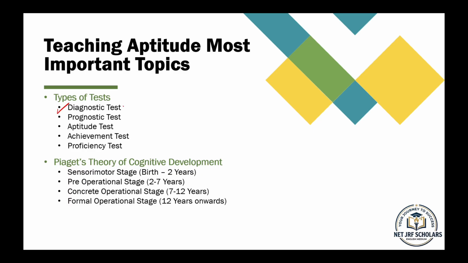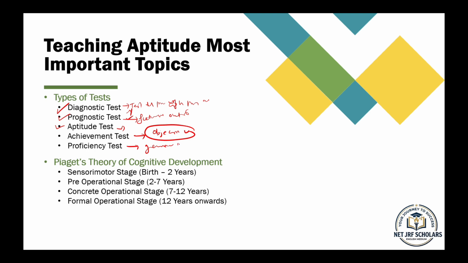And these are the five types of tests. As I said, diagnostic test, the problem with learning. Okay, and prognostic, it is similar to the diagnostic test, but for future outcomes. Okay, aptitude test, and achievement test to test whether objectives are reached or not, to check the complete objective.